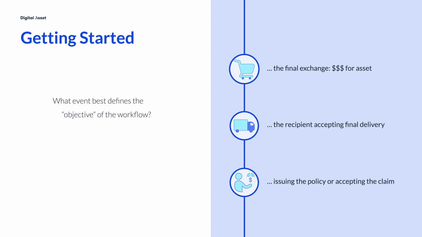Instead, try to identify the key event in the workflow that best defines the objective of the workflow. In a sale, this might be the final exchange, meaning money for an asset. In a logistics delivery workflow, this might be the final delivery acceptance. In an insurance policy workflow, it might be issuing the policy or accepting the claim.